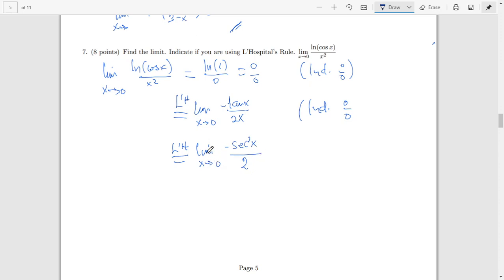Now the limit of secant as x goes to 0 is 1. So this is going to give me negative 1 over 2, and that becomes my limit. So in conclusion, the limit as x goes to 0 of log of cos x divided by x squared is equal to negative 1/2.